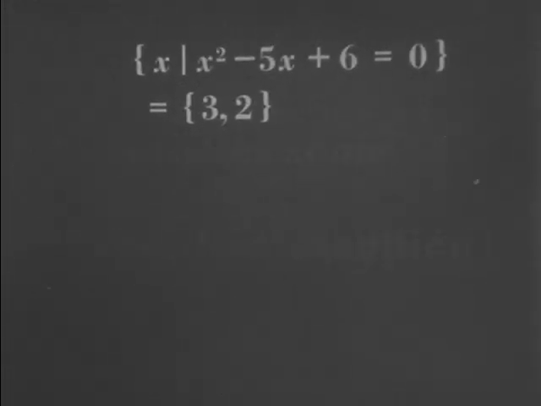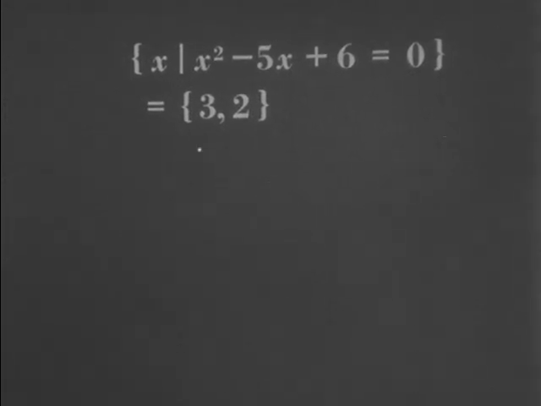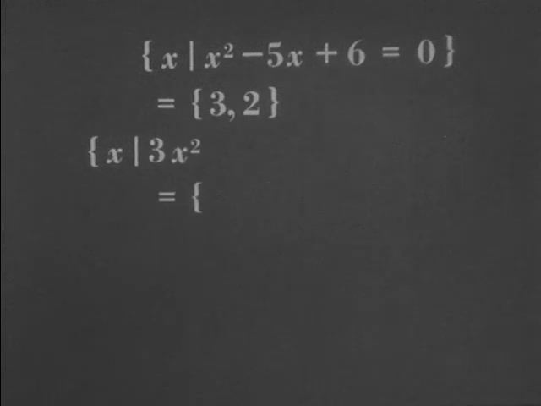And determining all the x's that satisfy some condition is precisely what we do when we solve an algebraic problem. Here are a few examples. The set of all x's such that x squared minus 5x plus 6 equals 0 is the set consisting of the numbers 3 and 2.